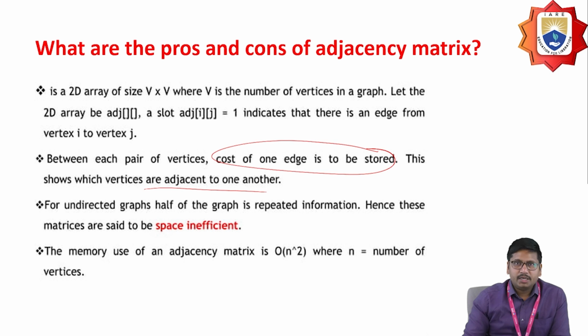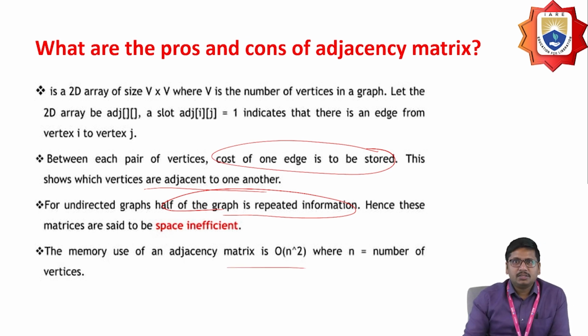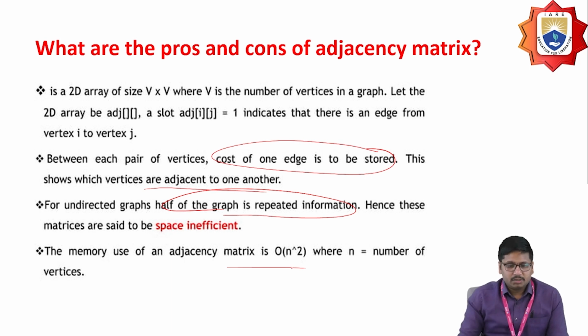For an undirected graph, half of the graph is repeated information. This is a disadvantage. It is said to be space inefficient, and the memory use of the adjacency matrix is on the order of n squared, where n is the number of vertices. These are the pros and cons of the adjacency matrix.